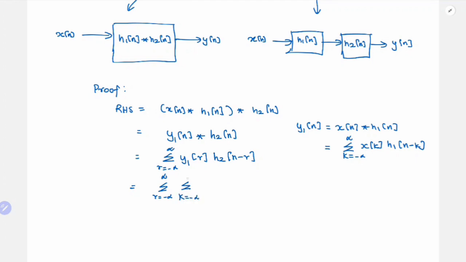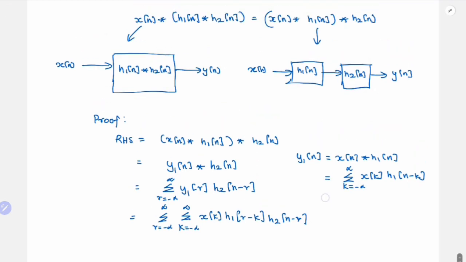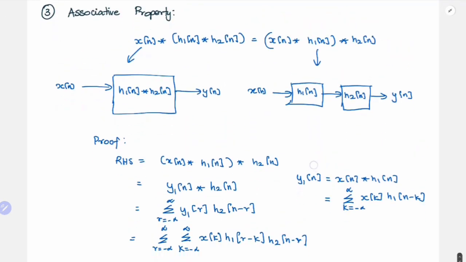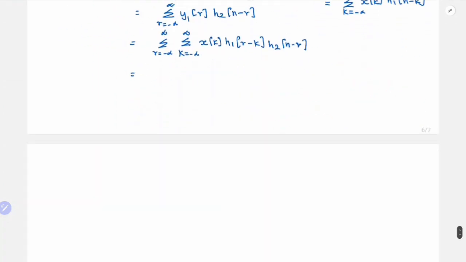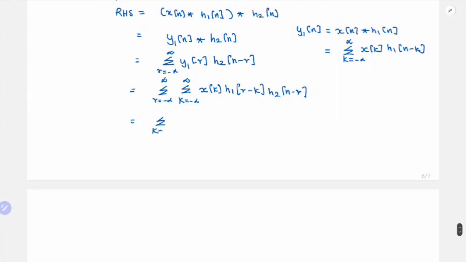So summation k equal to minus infinity to infinity, x of k, h1 of r minus k, h2 of n minus r. So now to get h1 of n convolved with h2 of n, I have to first sum over r and then take the k. So what I'll do is take all the k terms out like this. So I have x of k, and then I'll do the r summation first. So I have h1 of r minus k, h2 of n minus r.